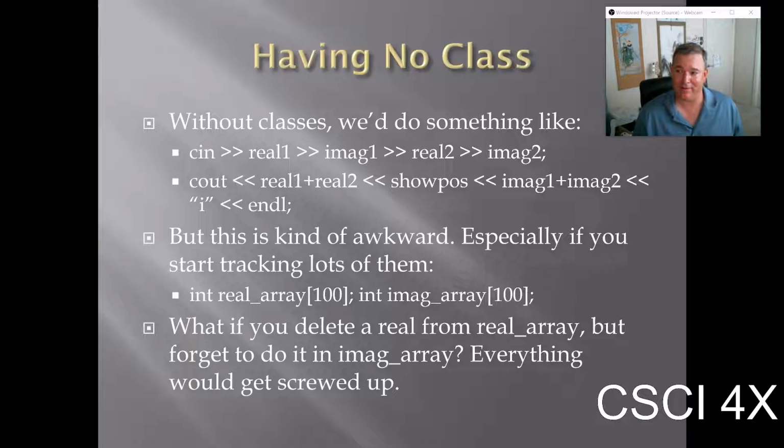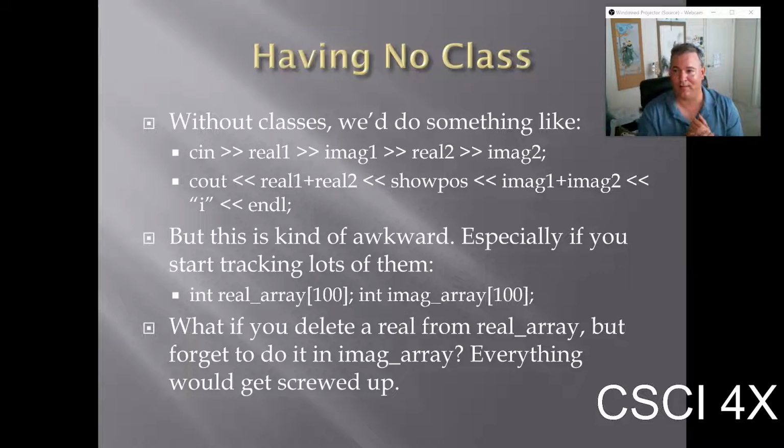Pos means show the positive sign. So normally, if you were to cout 10 to the screen, it just prints 10. But if you do a showpos, then it will print plus 10 to the screen. Normally, the plus is omitted. The negative's always rendered, right? If it's negative 10, it'll always print negative 10. It doesn't matter whether you have showpos on or not. But if you have positive 10, normally it just prints 10.